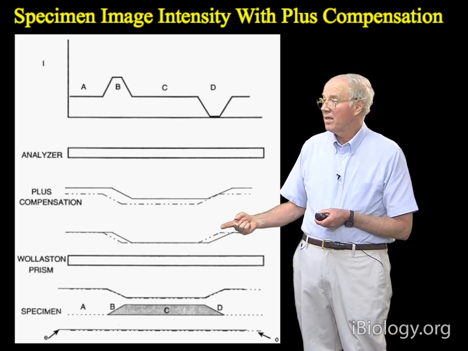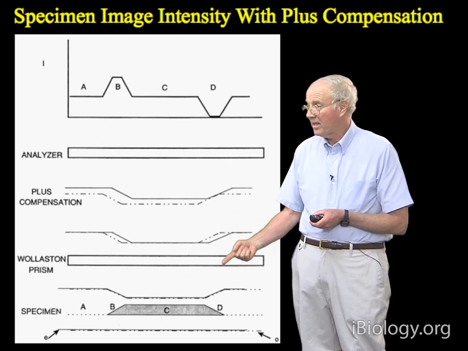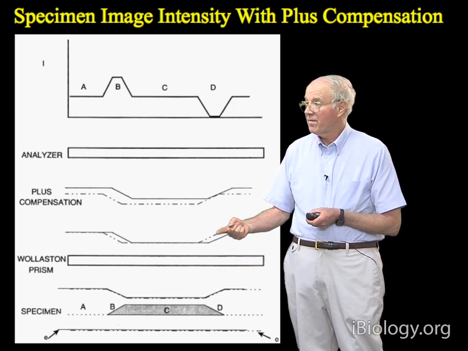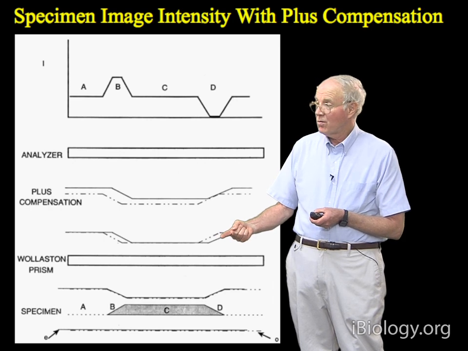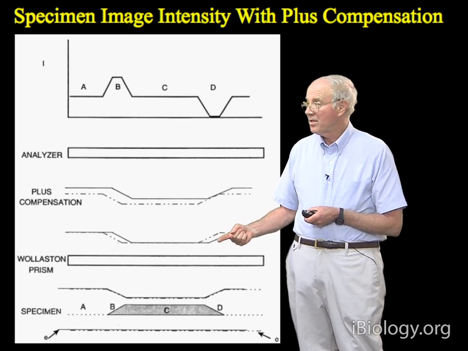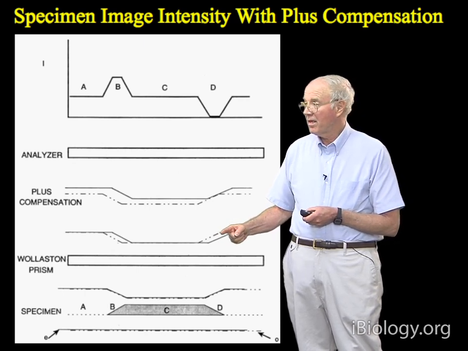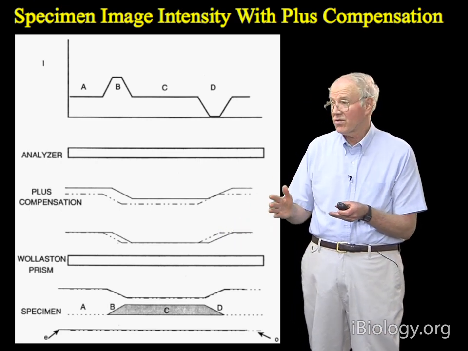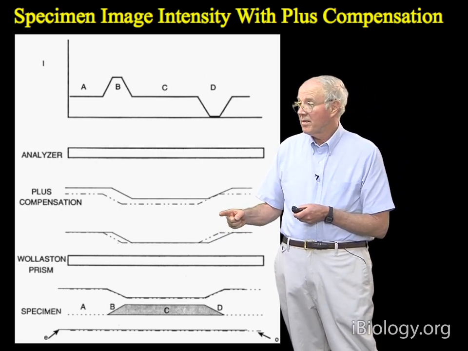Then we go through the Wollaston prism. We now have realigned the two wavefronts, but at the same time as we realign the two wavefronts, we've split apart the images of the edges, which is what produces the two Airy discs.